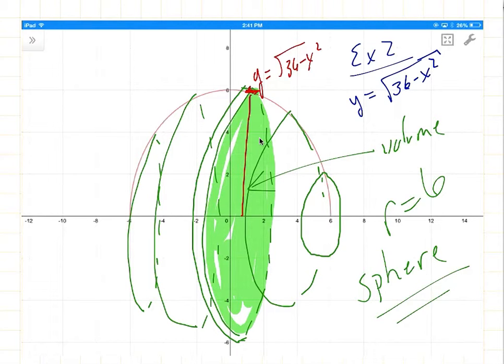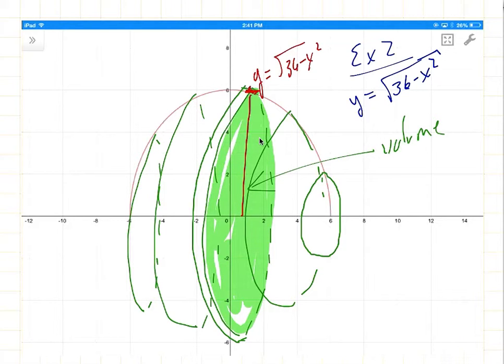So to find the volume, the volume is going to be pi times the radius. Well, the radius is the square root of 36 minus x squared, and that's going to get squared, right?